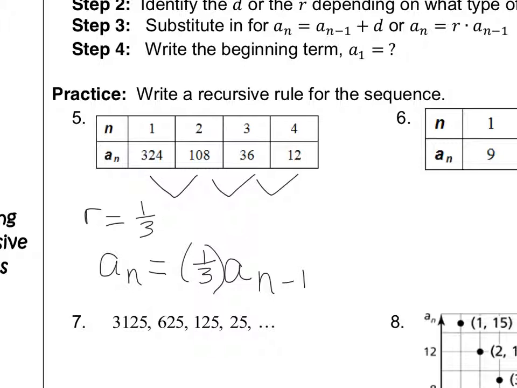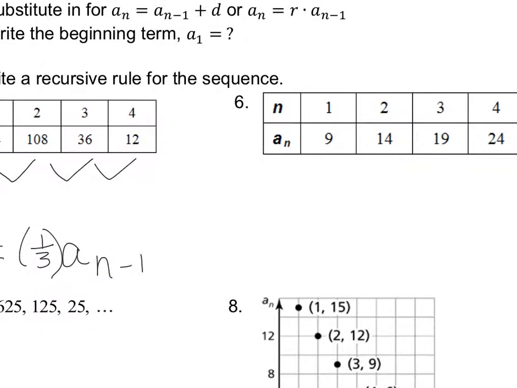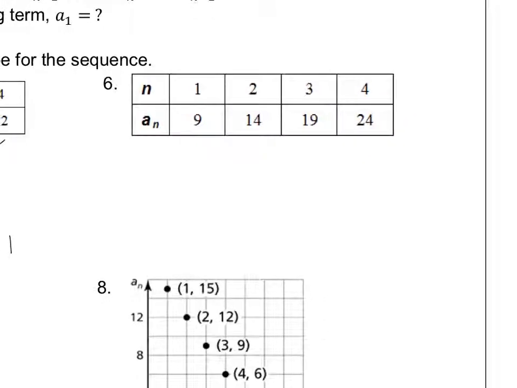Okay, so now let's look at number 6. When I look at number 6, I can already see that I'm adding 5 every time. So I know that this is an arithmetic sequence, and my common difference equals positive 5.